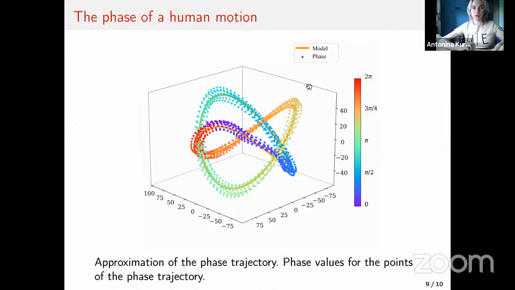But now, to show you the results, we get the 3D picture. So we just reduced the dimensionality from 4 to 3 so that we could see this trajectory.